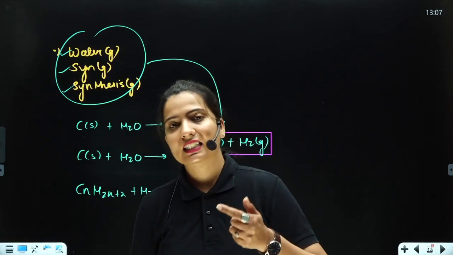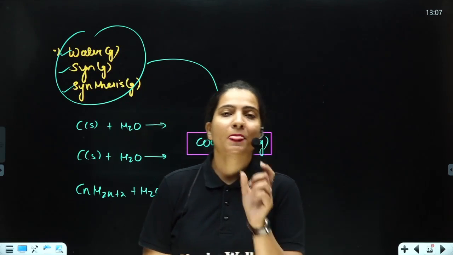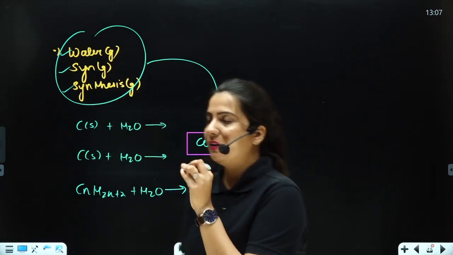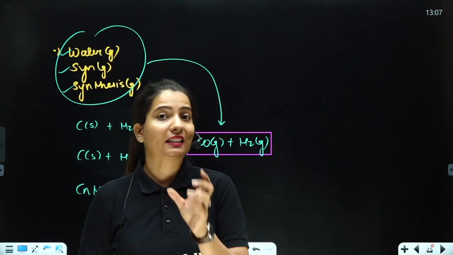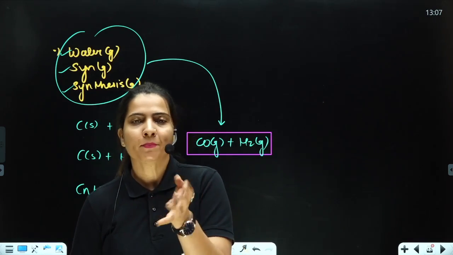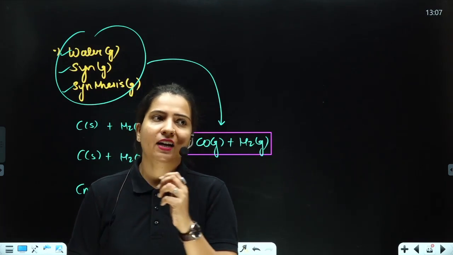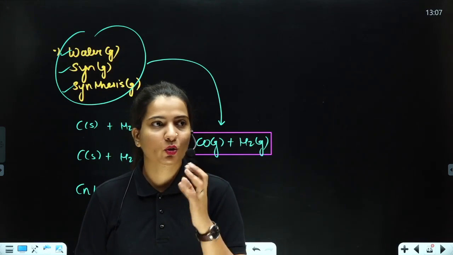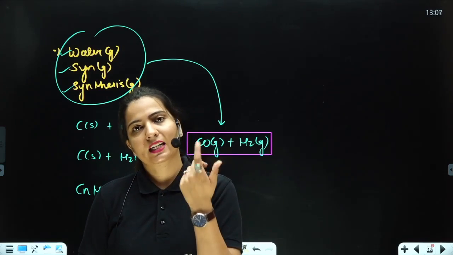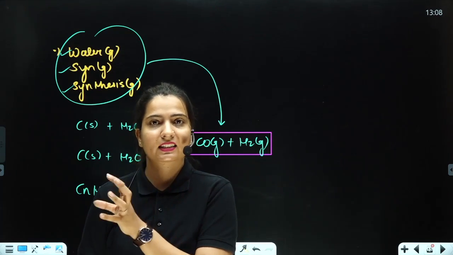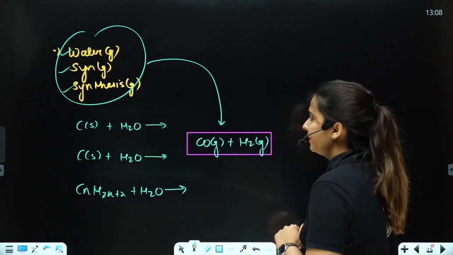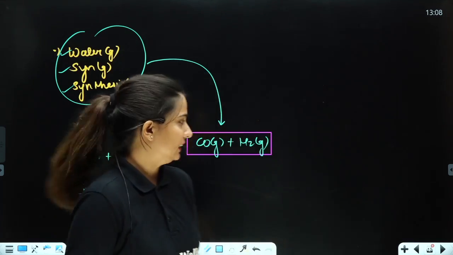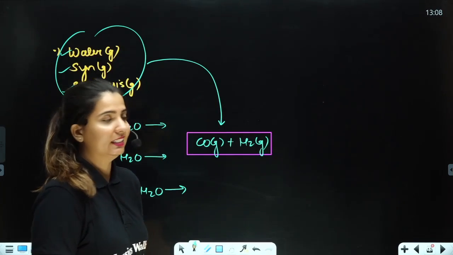Why are they called synthesis gas or syn gas? Because this mixture is used to produce a compound which is known as methanol. So in organic reactions we take some of the reactants, we do the synthesis, so sometimes the name can be kept with respect to that synthesized product. So synthesis gas, syn gas. Okay, so the carbon monoxide plus hydrogen mixture is considered by these names.